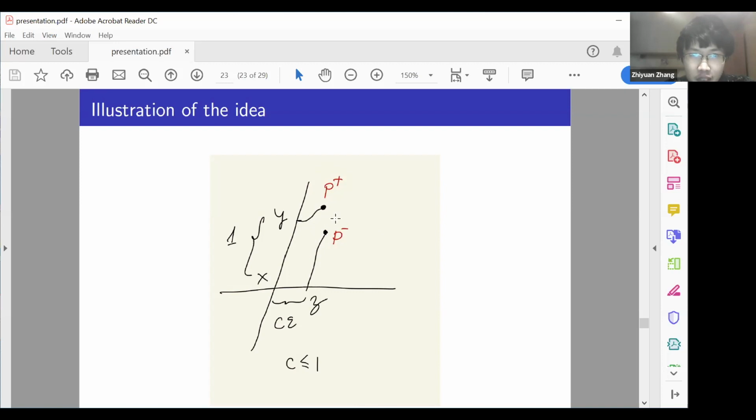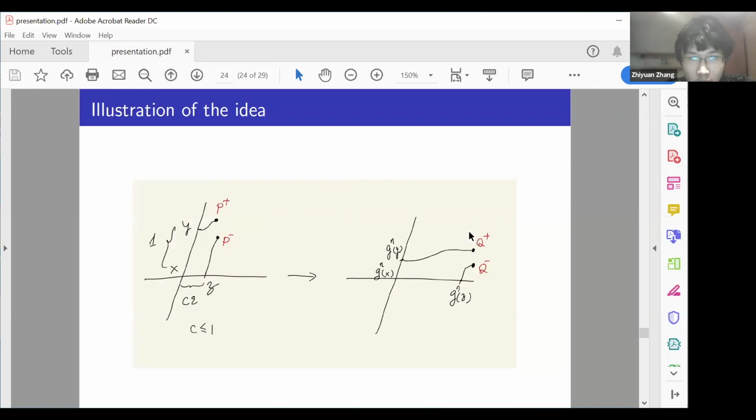But in that case, you cannot understand this very well because this line is a bit long, and also this line is determined by the future. In some sense, this is hard to describe. But the image of this point is easy to describe.